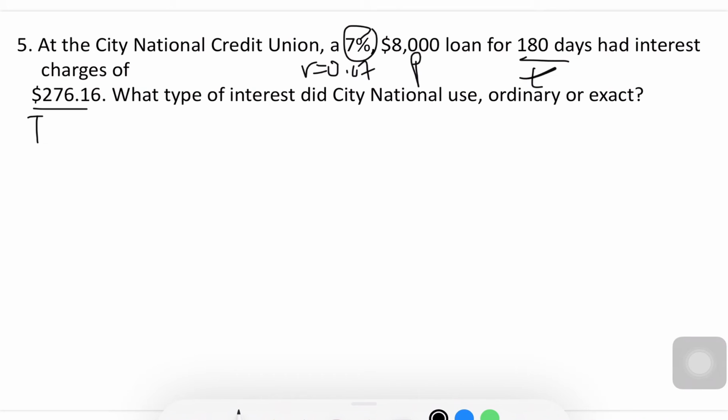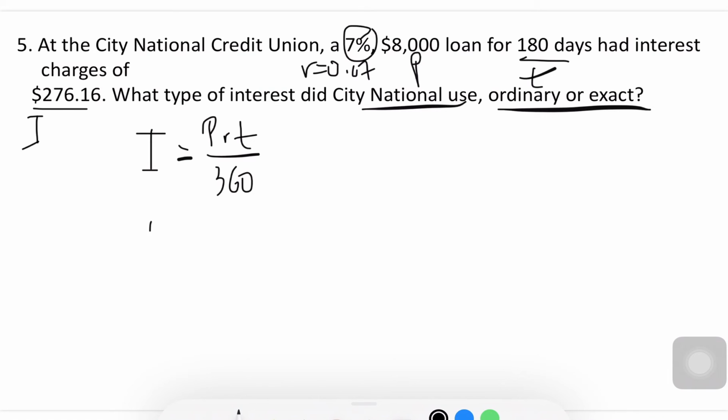So this is your I. The question is, what type of interest did the credit union use, ordinary or exact? We'll just compare. Let's solve first for the ordinary: PRT divided by 360. And the other one is for the exact, 365. Then substitute. Whichever gets 276 is our answer.